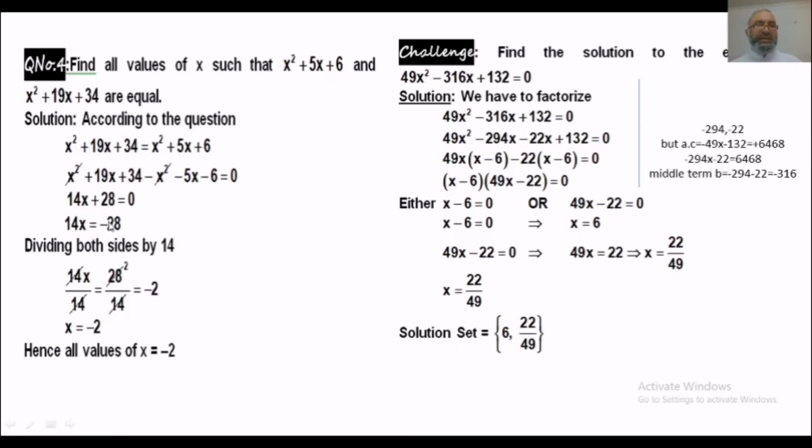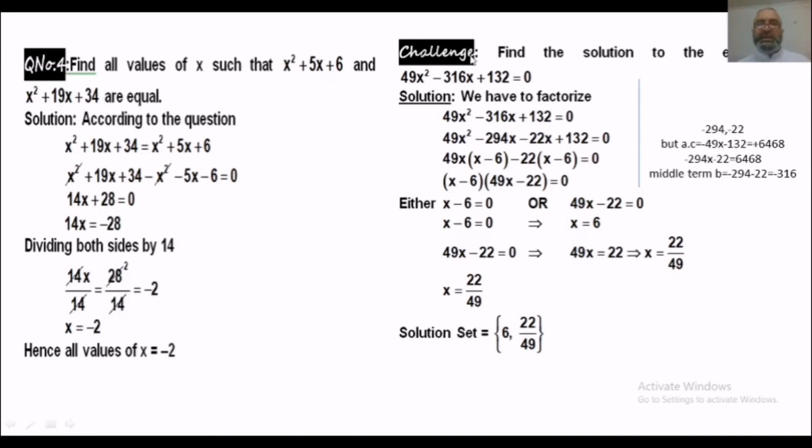So 14x is equal to minus 28, dividing both sides by 14, we get x is equal to minus 2. Hence the value of x is equal to minus 2. All values means all solutions of the given equation.